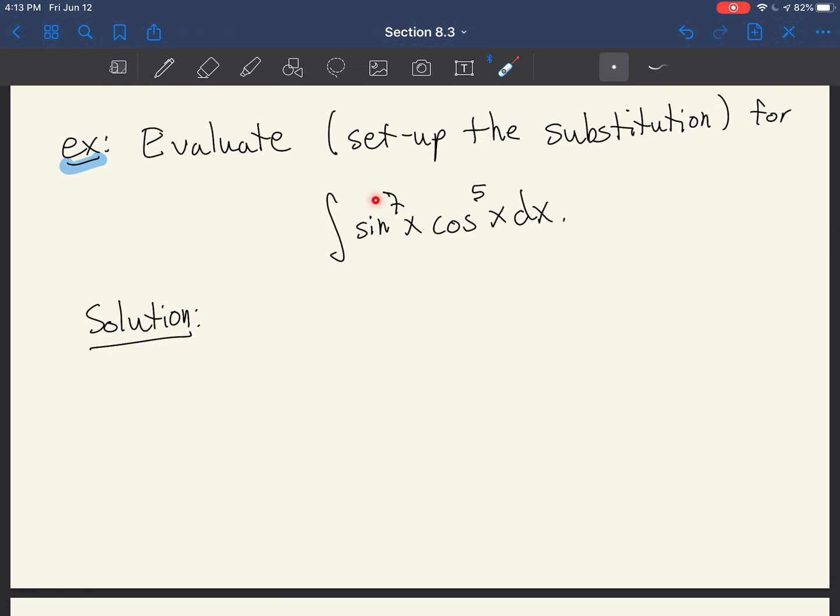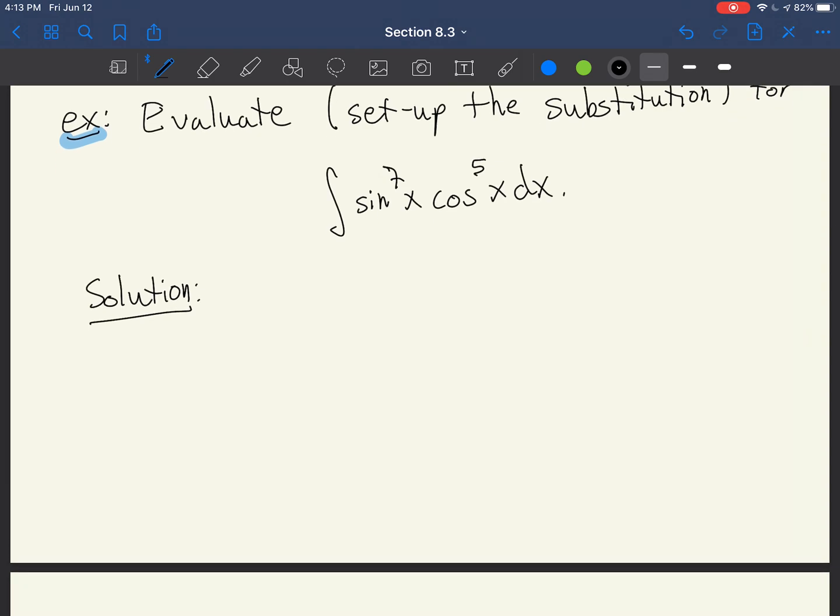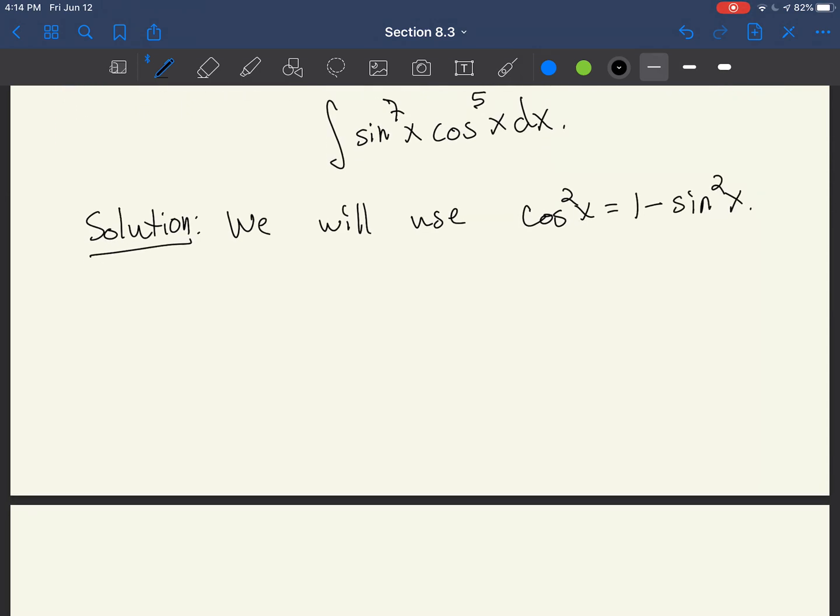Okay, so with this one, first off, we see we have 7 and 5. They're both odd, so we could manipulate either of them. But, like I said, we're going to manipulate cosine. So we will use cosine squared x equals 1 minus sine squared x.